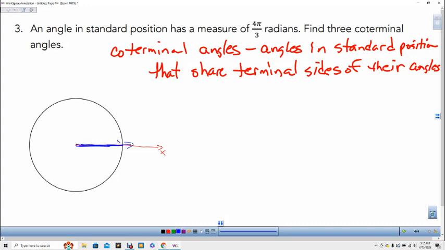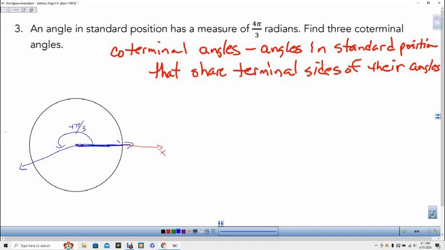And let's say we've got a terminal side over here. Actually, let's go ahead and do that one where it needs to be. 4 pi over 3, that's going to be greater than pi. It's going to be pi over 3 greater than pi. So straight over here would be pi, and it's added pi over 3 to it. So this right here is 4 pi over 3.